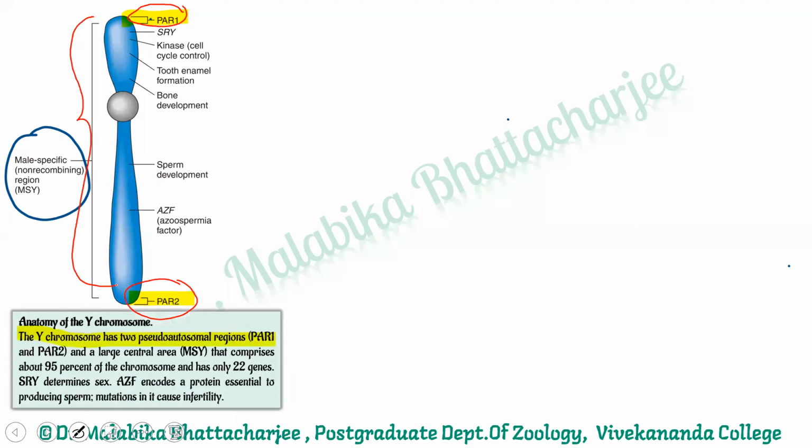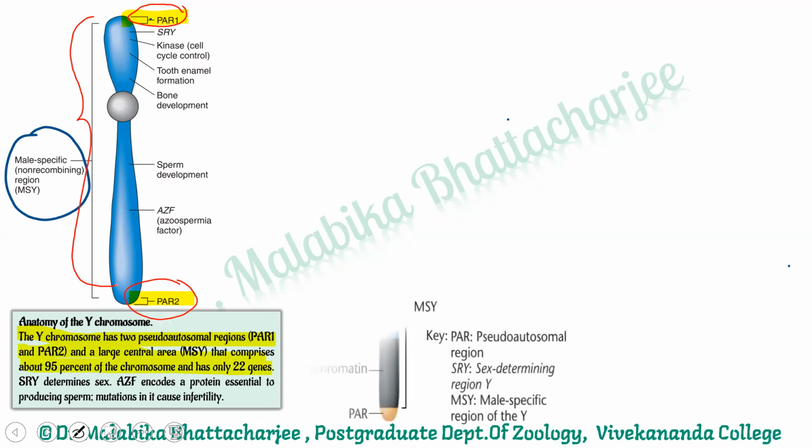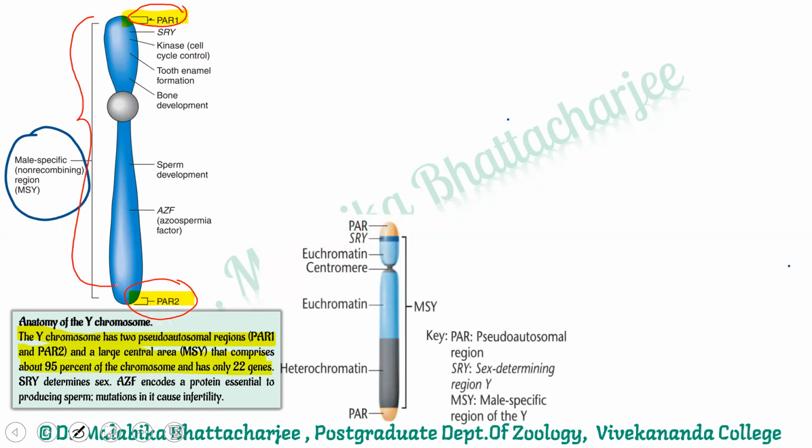As I was saying, the Y chromosome has two pseudo-autosomal regions and a large central area of MSY that comprises about 95% of the chromosome, which is not capable of pairing with the X chromosome, is specific to the Y chromosome, and has only 22 genes. Now, let us concentrate on MSY, the male specific region of the Y chromosome.